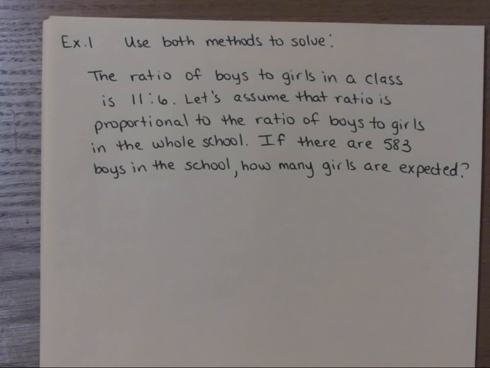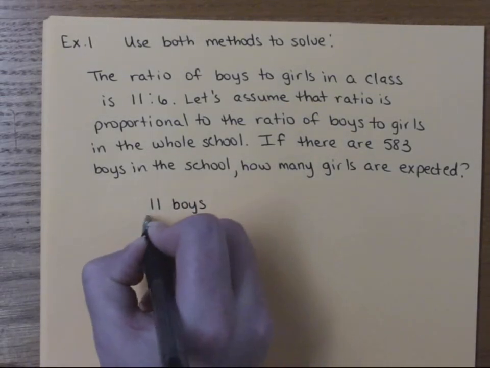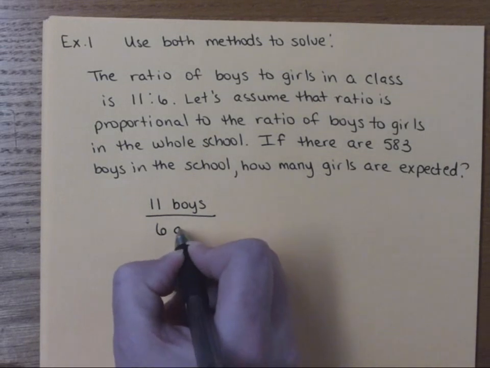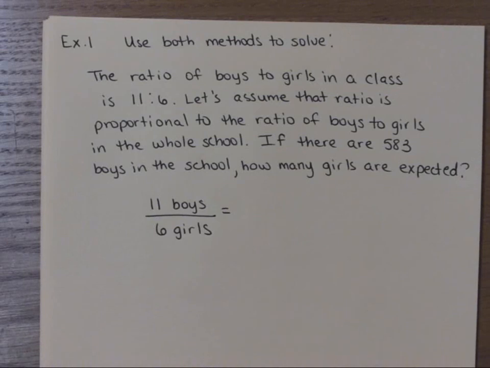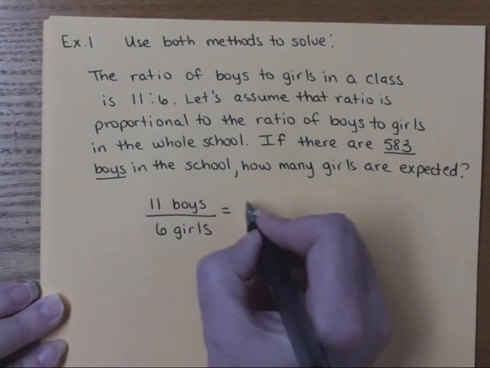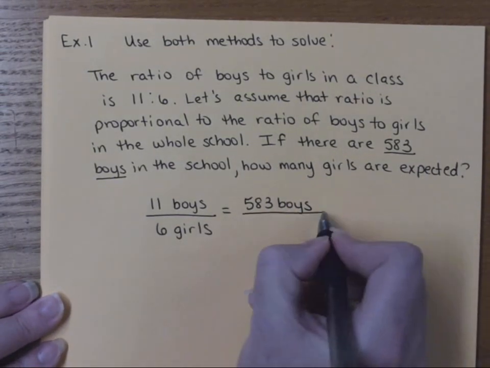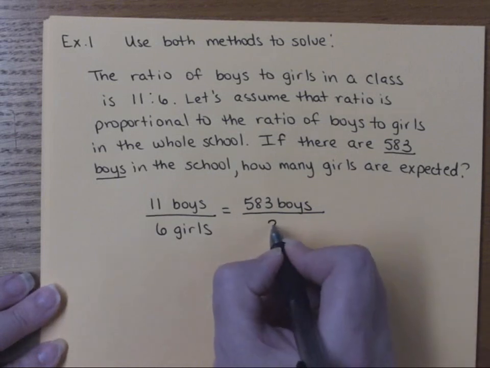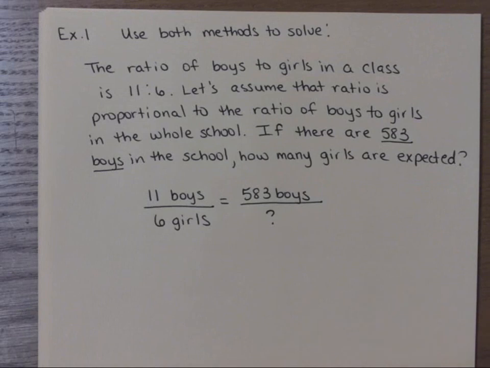Okay, so let's start with a proportion because, to be perfectly honest, I think we're a little more comfortable with that. Let's say there are 11 boys to 6 girls, and that equals, notice, where should I put the 583? Well, the 583 describes boys, right? So I need to put that on top. One way you can get away from maybe having to use algebra if you don't want to is you can just use a question mark.